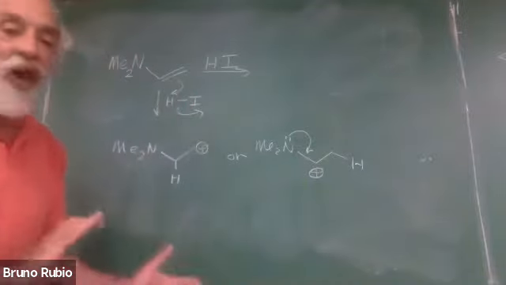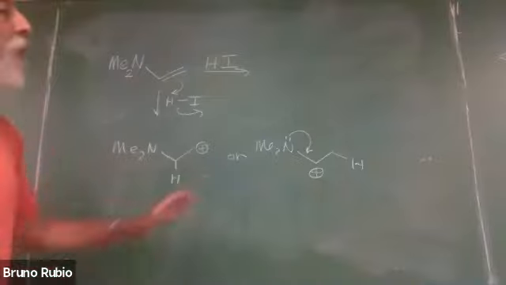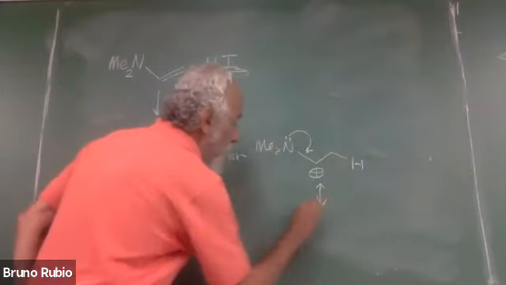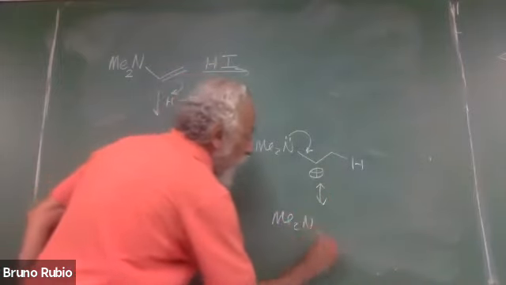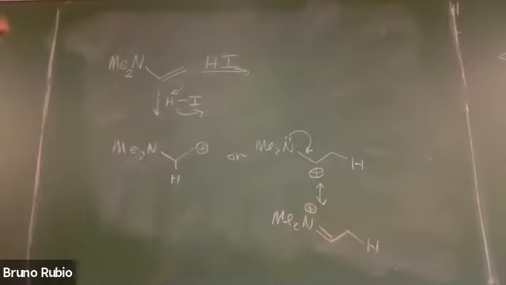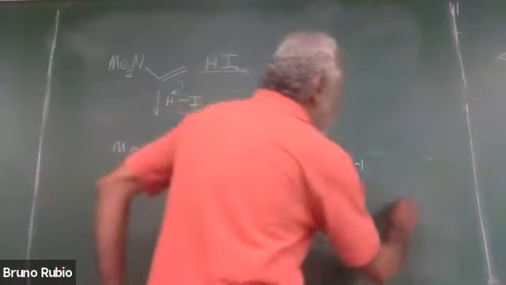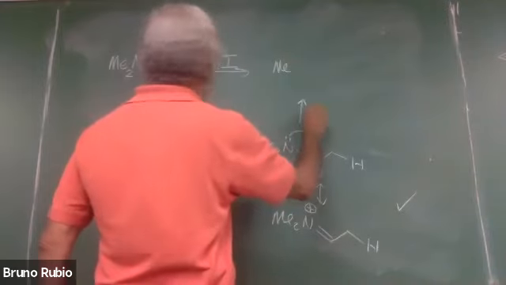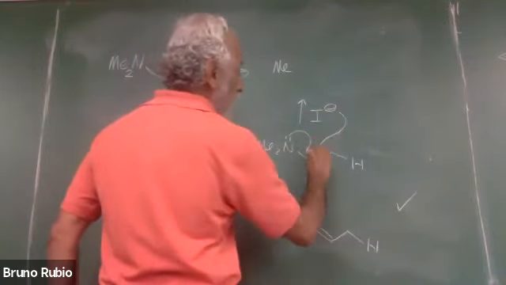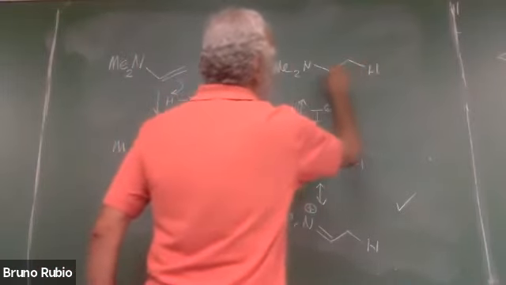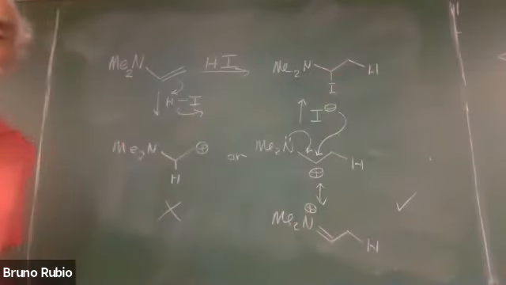It's not because it's primary or secondary or anything like that, because this is a resonance stabilized carbocation that is stabilized by the electron pair on the nitrogen. Right, so that's no good. This is just a primary carbocation, really bad. This is a lot better. And so in the second step, the I minus captures this carbocation, resonance stabilized. And so that would be the product. Yes? Okay.